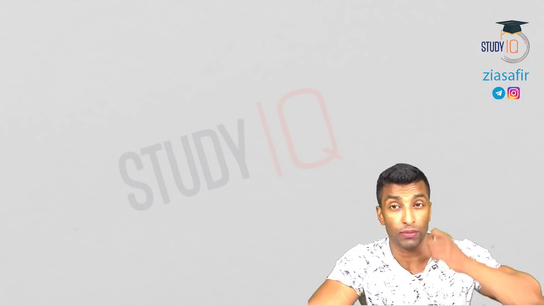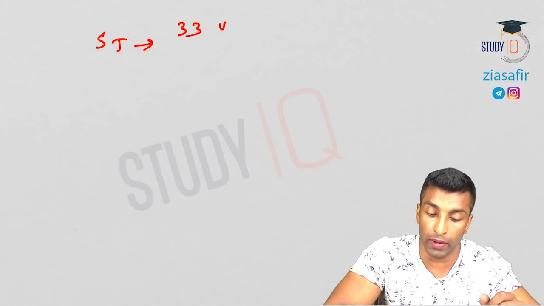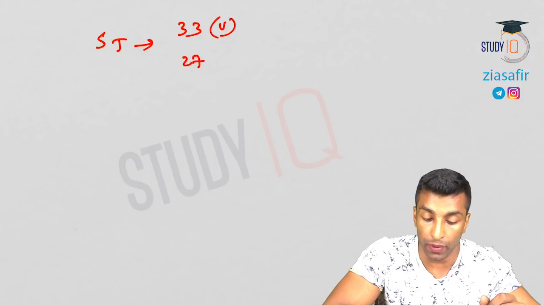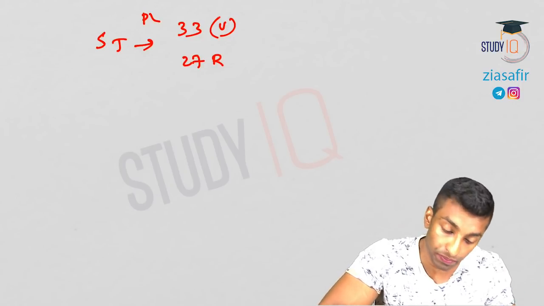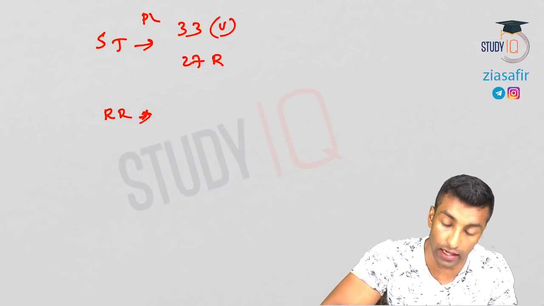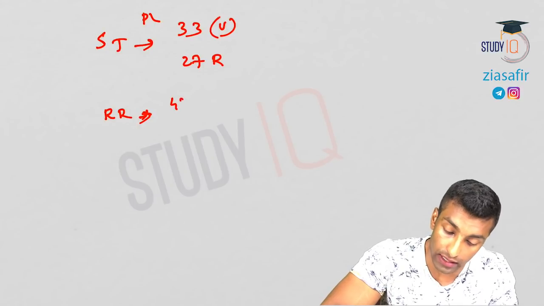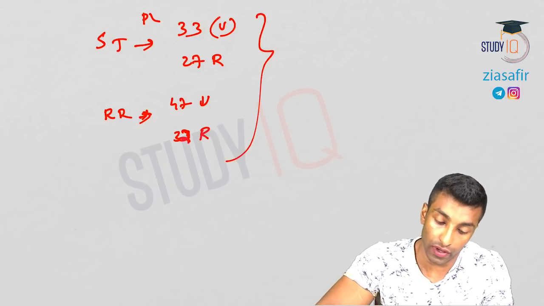As per Suresh Tendulkar committee, it was 33 rupees in urban area and 27 rupees in rural area that is the poverty line. And when it came to Dr. C. Rangarajan committee, it was 47 rupees in urban area and 32 in rural area. So this is what we have discussed so far.